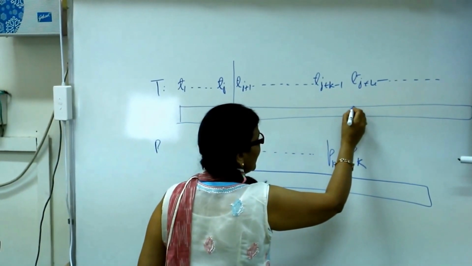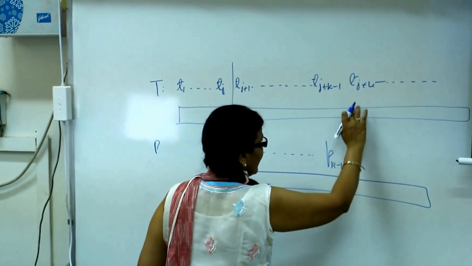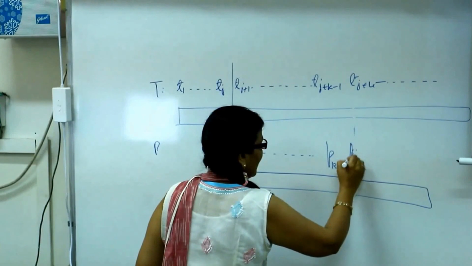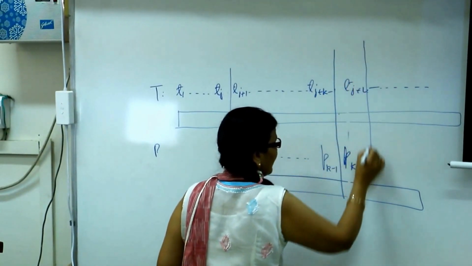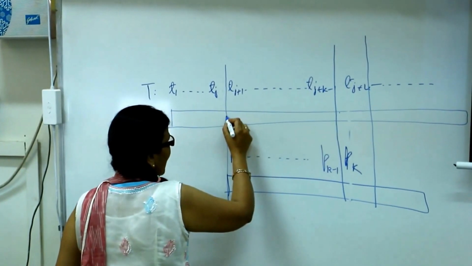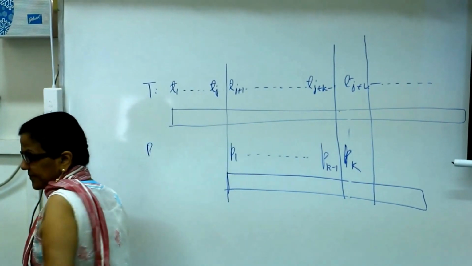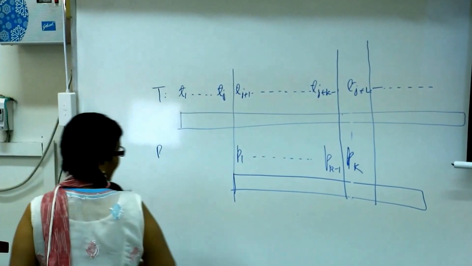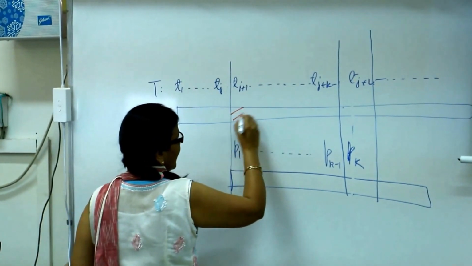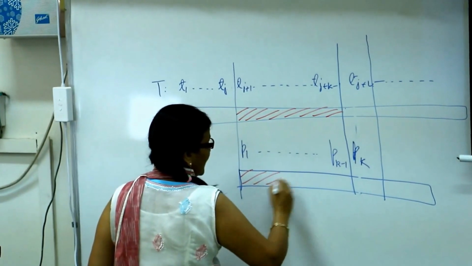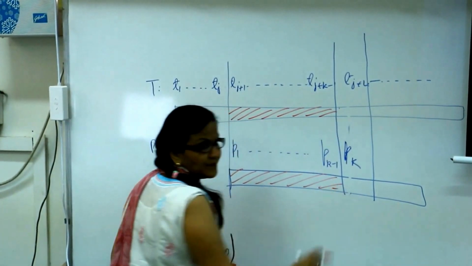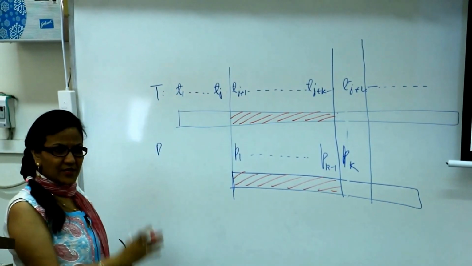Up to this my pattern has matched with the text. So this part is same as this part. My pattern is placed here and up to this part has been matched. Right? This is what was happening.